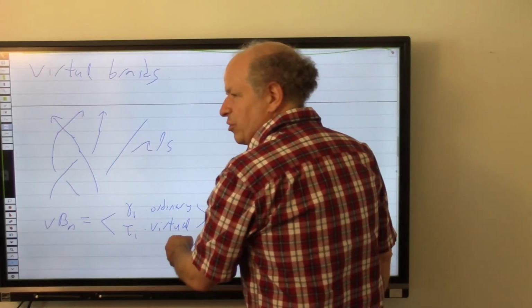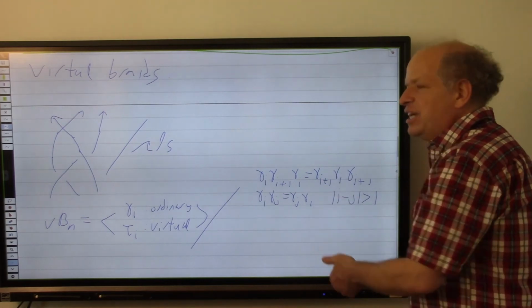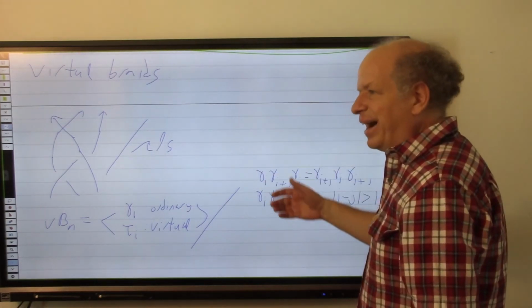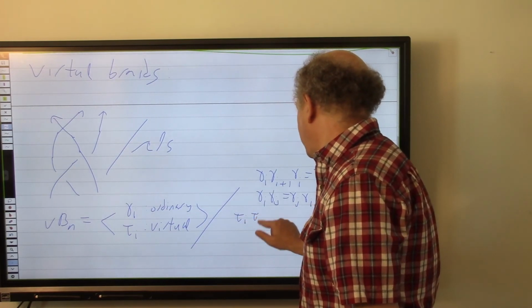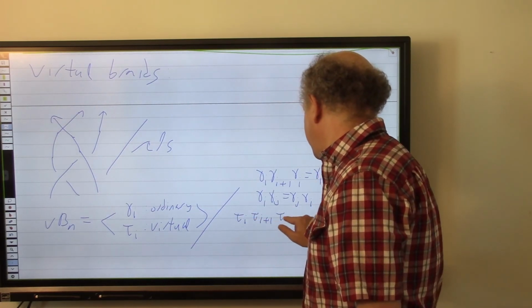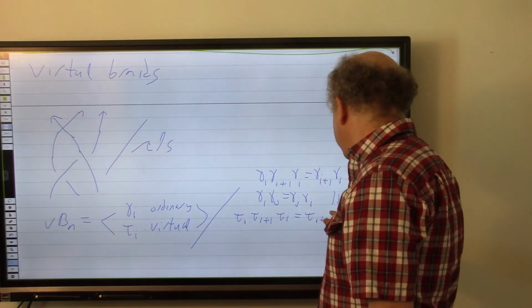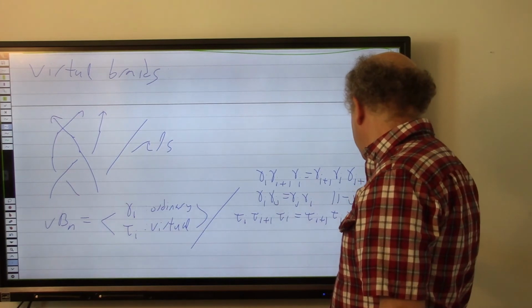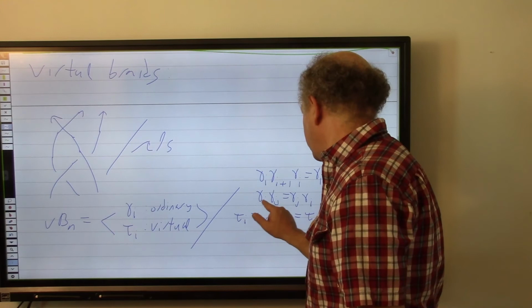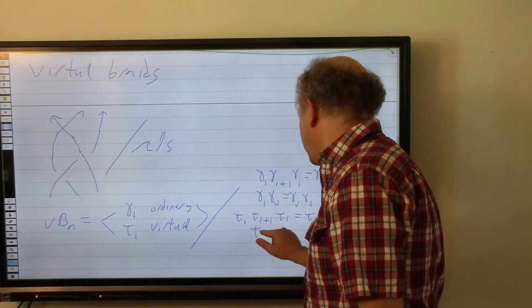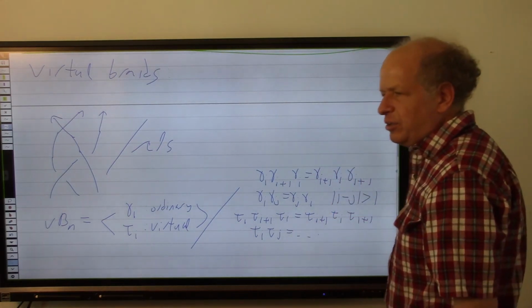The virtual crossings satisfy the same relations, so also the Reidemeister moves. So tau_{i+1} tau_i tau_{i+1} is equal to tau_i tau_{i+1} tau_i. Also the second one, tau_i tau_j is equal to tau_j tau_i, I will not write it.